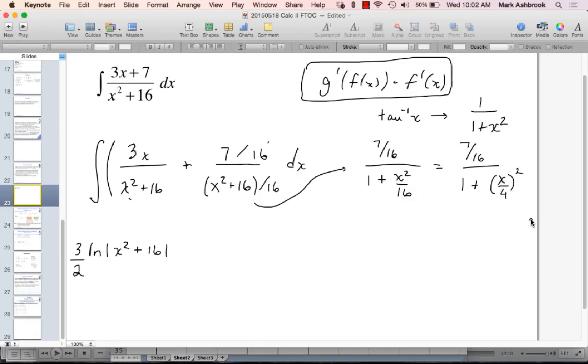And now we're ready to do tangent inverse. So all these are just equal to this, right? We're still working on this part of the rate function. So this is equal to this, and now we can do a first attempt on that.